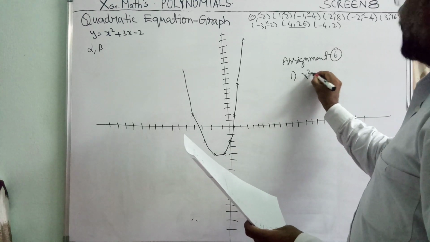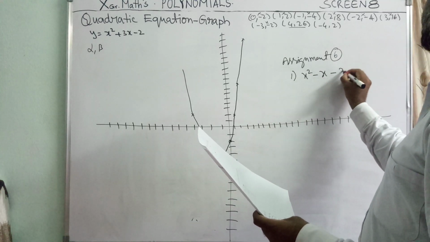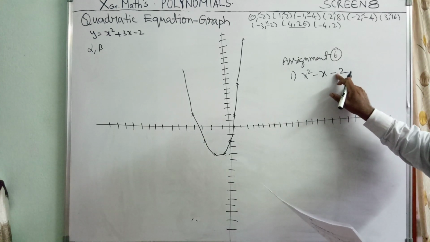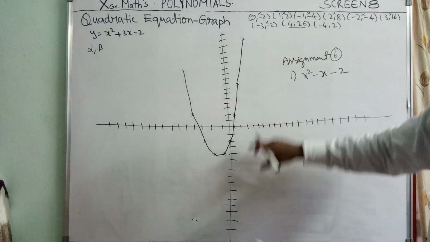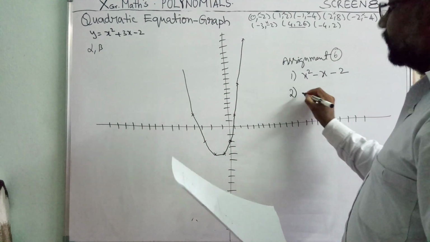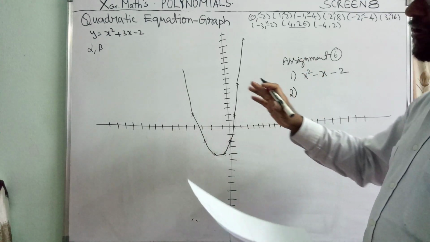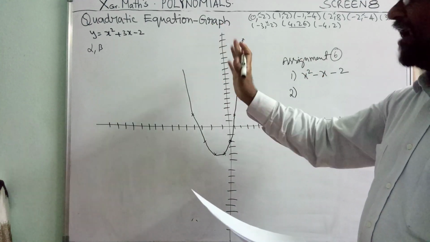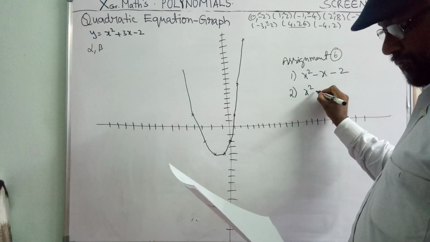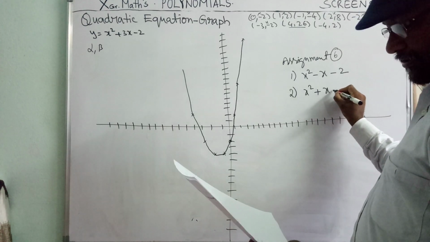First question, x square minus x minus 2. Solve this one, find the roots, alpha and beta, and draw the quadratic curve. And you can match algebraically and graphically. And the second question is x square plus x minus 2.